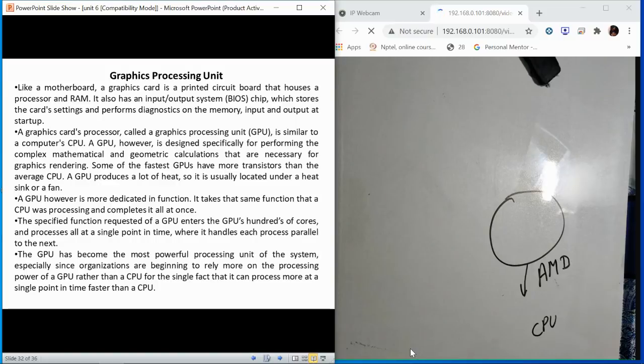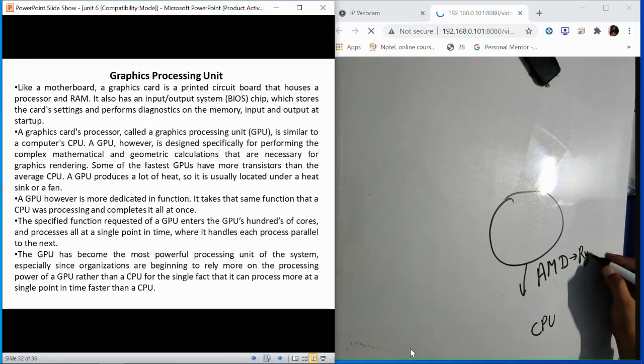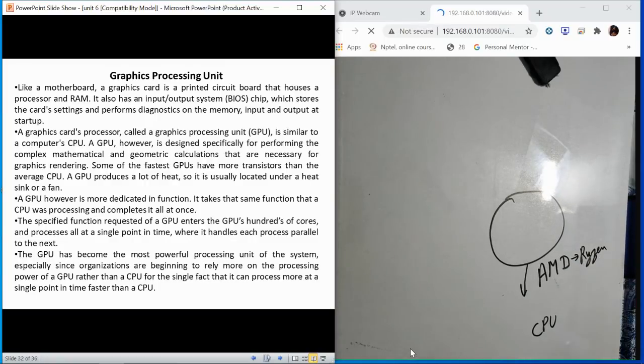Their generations i3, i5, i7 were there, but now AMD is back in the game with their Ryzen processor. Ryzen is a type of processor which has dedicated memory for graphics, and it generally supports graphic intensive games more easily as compared to Intel.